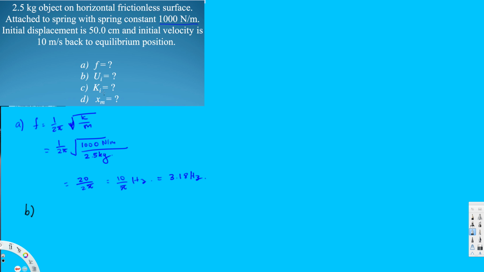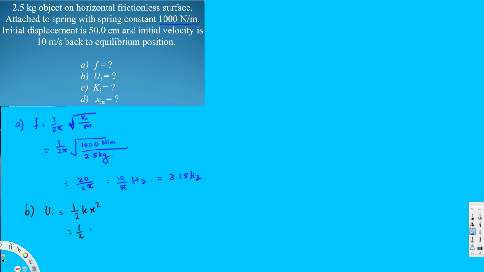So B part is asking for the initial potential energy, Ui, and in a spring, potential energy is expressed as half k x square, and here we have the constant that is provided, initial displacement also provided, so we can find this one.